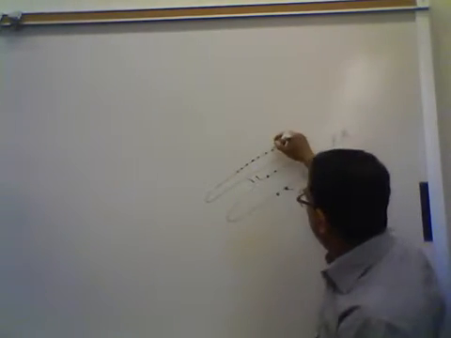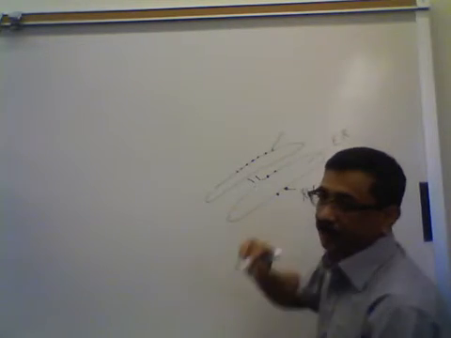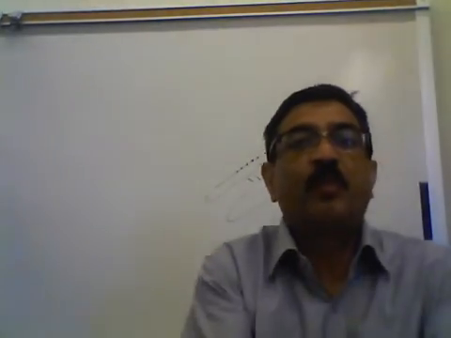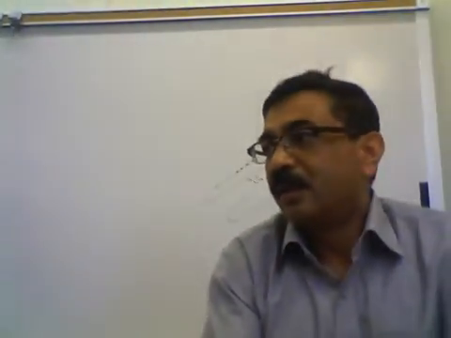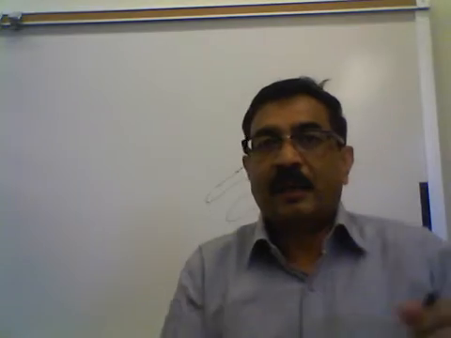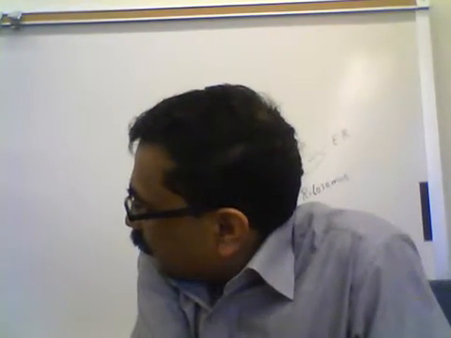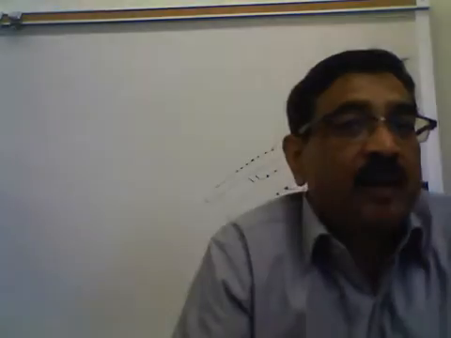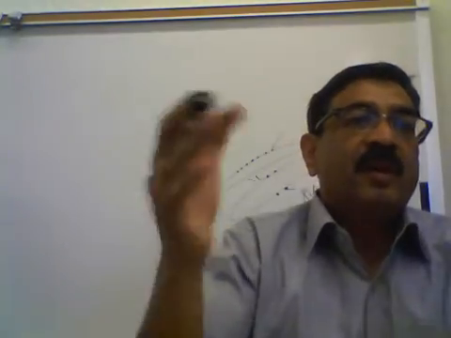Ribosomes manufacture proteins. And then the proteins enter into the rough ER. Rough ER does folding of the proteins.